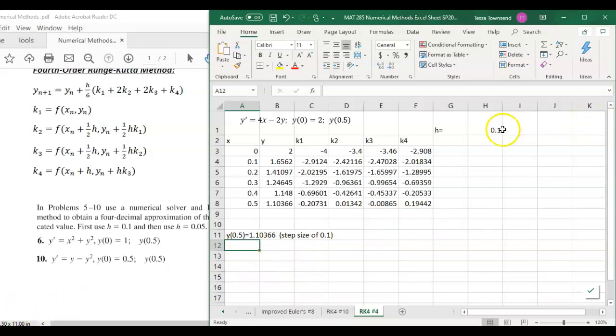And like we said before, if we wanted to, we could change that step size, adjust how long these are, fill the formulas down, and then we could get an even more accurate answer. The smaller the step size is, the better the answer is going to be.